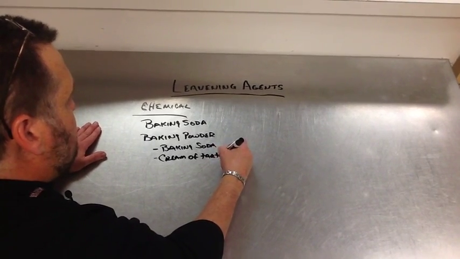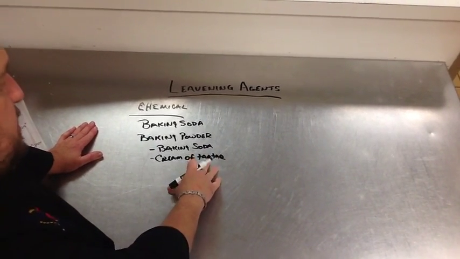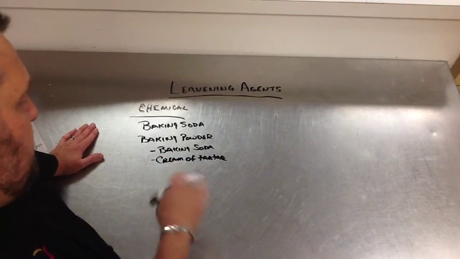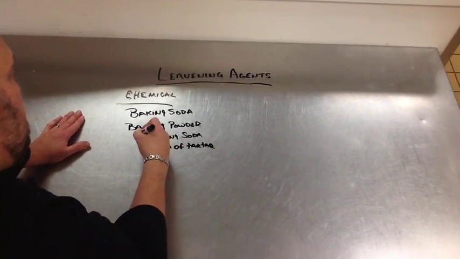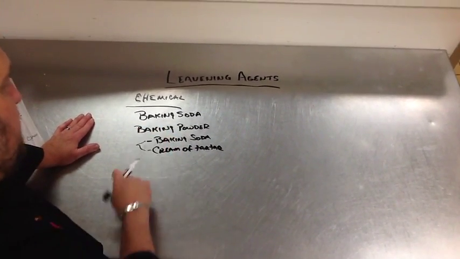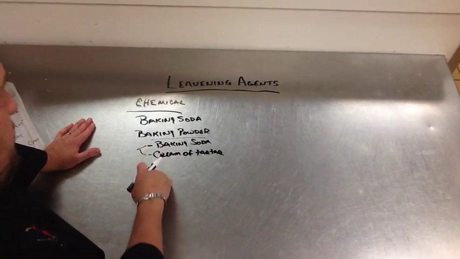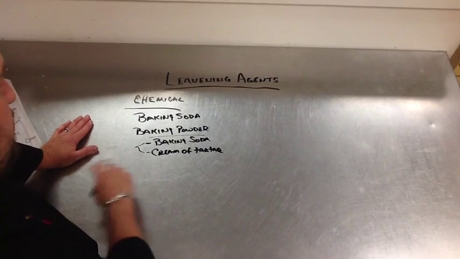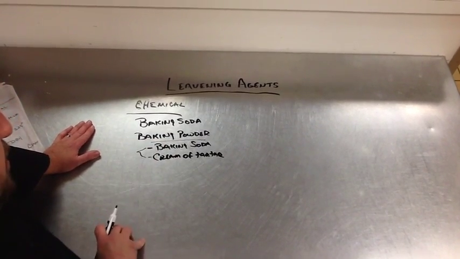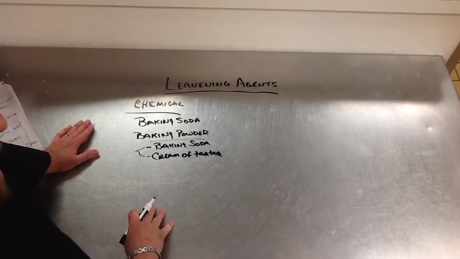Now, you'll find cream of tartar a common ingredient in some cookies that you want crisp. It makes cookies crisp. So it's actually the combination of these two ingredients that make up baking powder. If you go online, you can find recipes for making your own baking powder using baking soda and cream of tartar, or what we call tartaric acid.